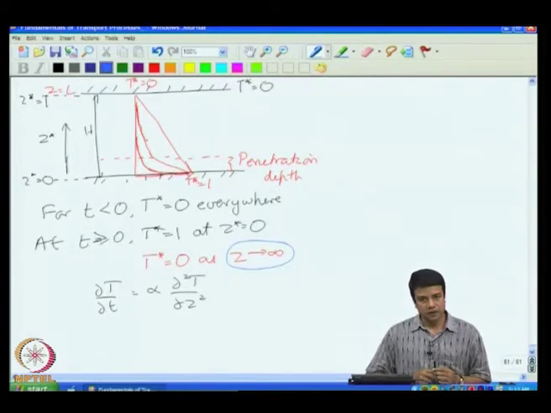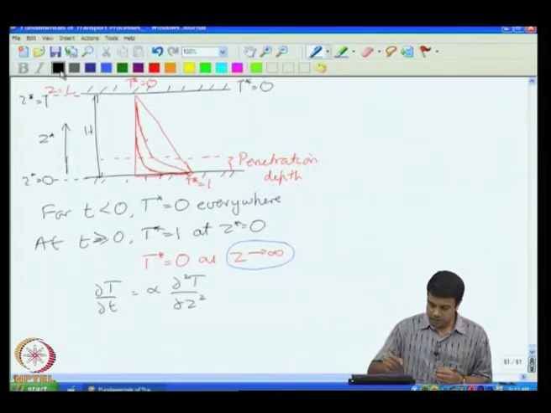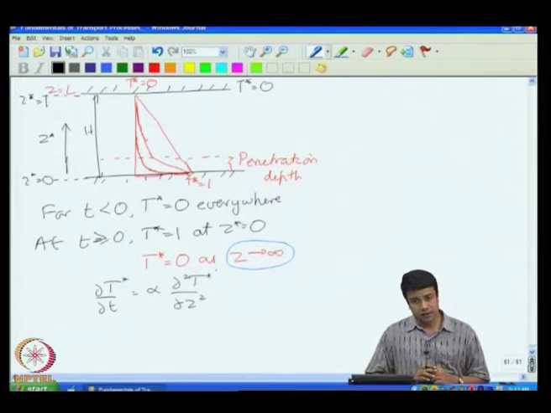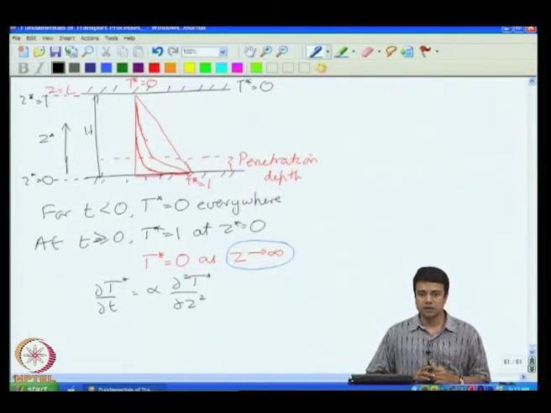Let us go back and look at all the relevant variables in the problem. One relevant variable, of course, is the temperature T star, but that is already dimensionless. T star I had scaled as T minus T naught by T 1 minus T naught, which varies between 0 and 1, no units, it is dimensionless. So, that cannot be a dimension that is important in this case. I have 3 others.